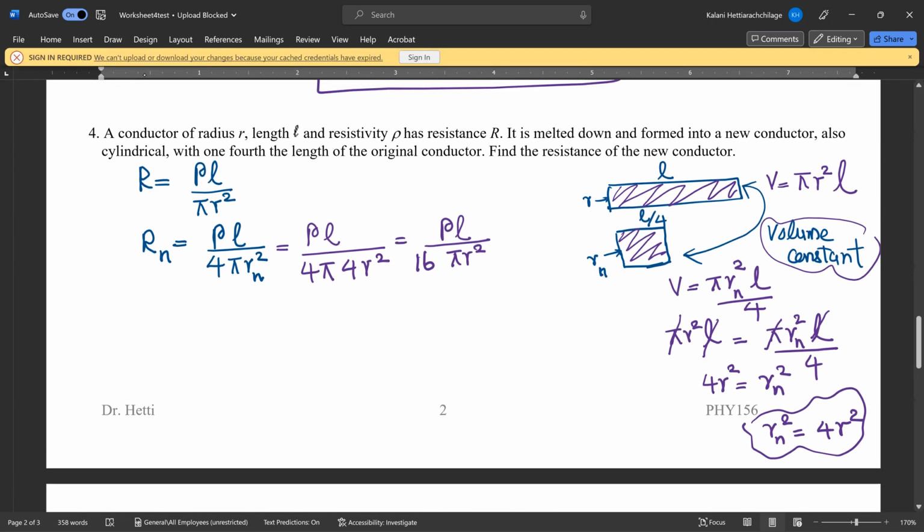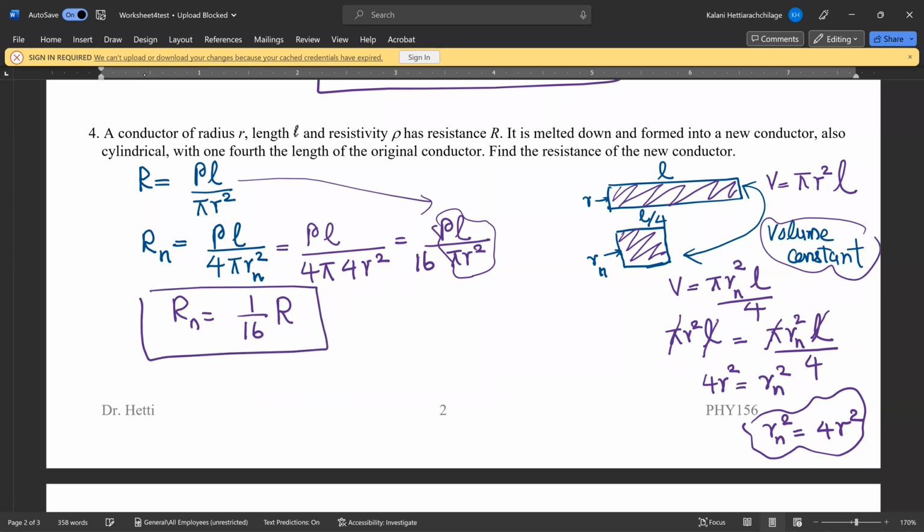As soon as you see this part, you will be able to understand R, right? So R new should be 1 over 16, the coefficient is there, but the rest will be your old R. So by melting or freezing, you create a new resistor that has 1 over 16th of the original resistance.